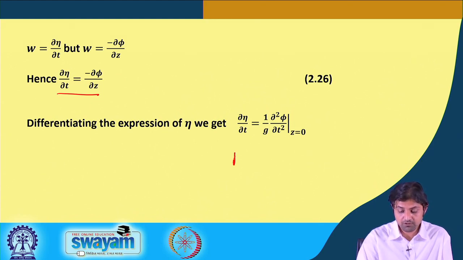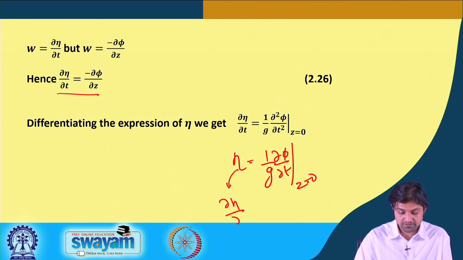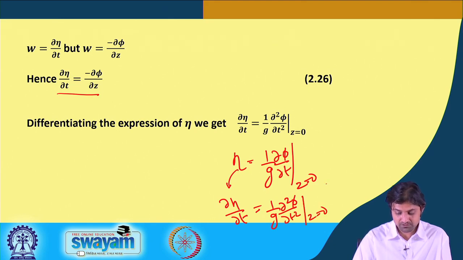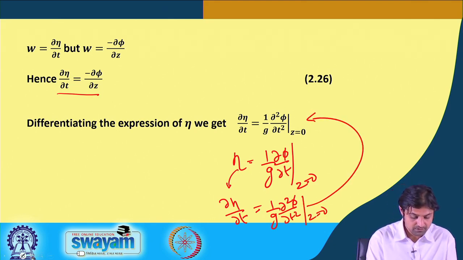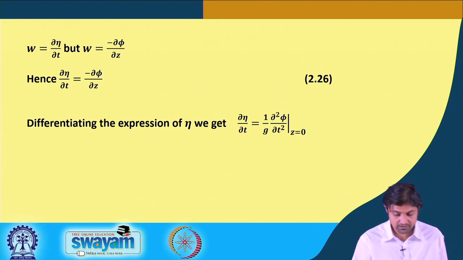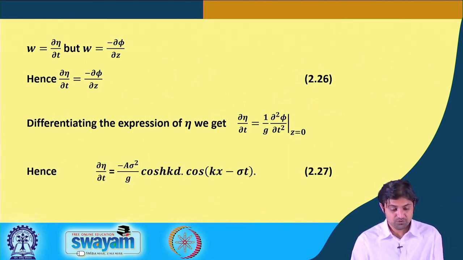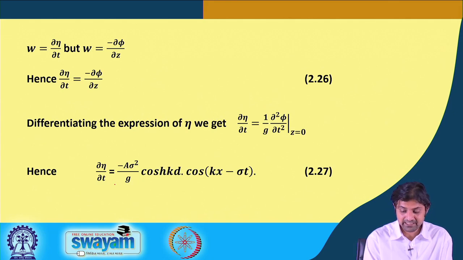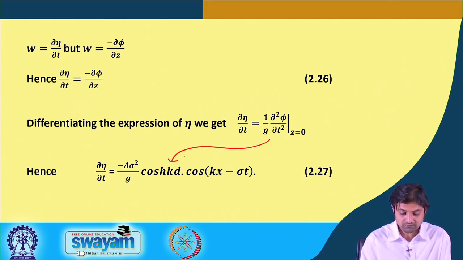All right, eta was 1 by g del phi by del t at z is equal to 0. So, if you differentiate this, you get del eta by del t is equal to 1 by g del square phi by del t square at z is equal to 0. This is what is written here. So, we substitute del eta by del t.